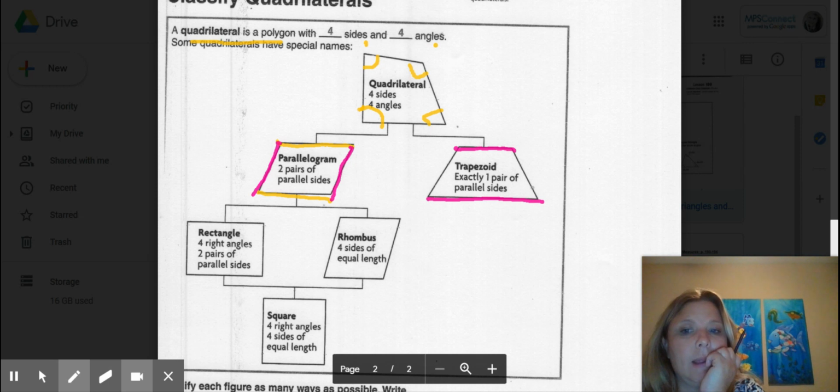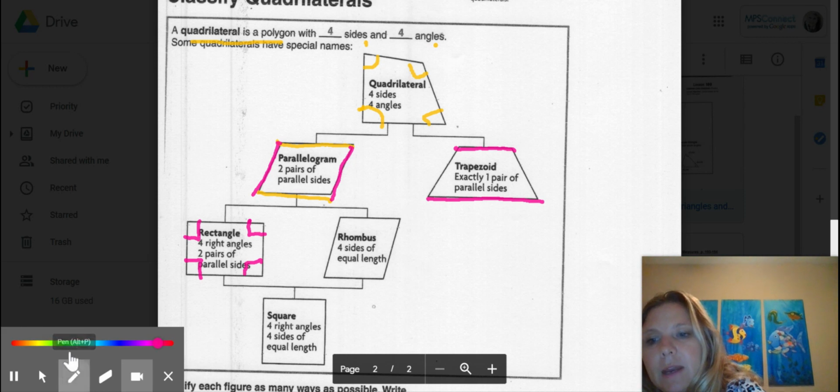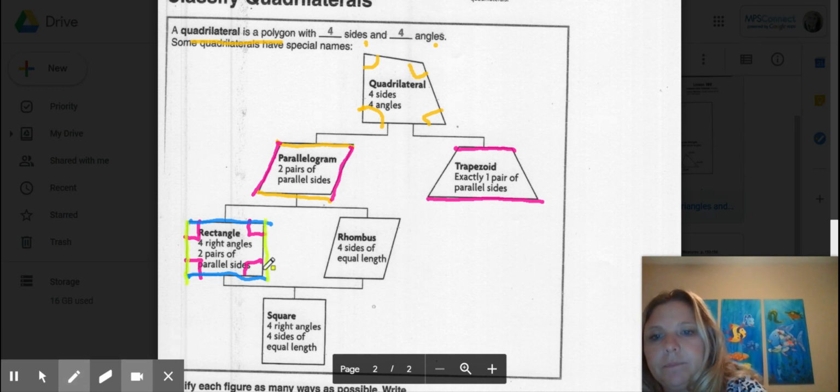Okay. Then we have rectangle, which again has four right angles. 1, 2, 3, 4. Then it also has parallel sides. So this is parallel with this line, and this one is parallel with this line.